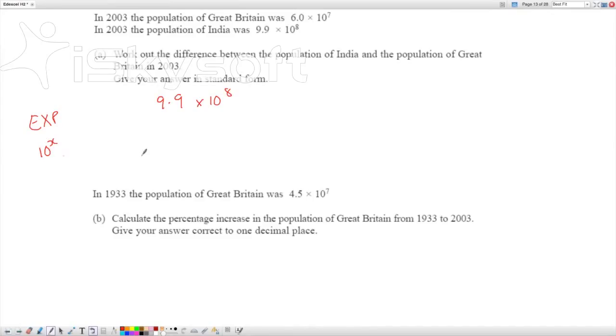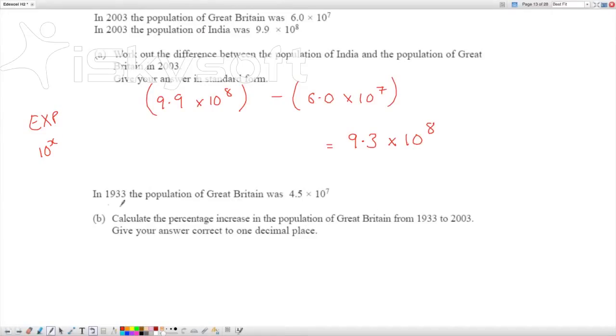You might press shift, it's normally down near the equal sign. So we've got this, subtract 6 times 10 to the power 7. Giving your answer here in standard form should come straight out on your calculator as 10.3 times 10 to the power 8.